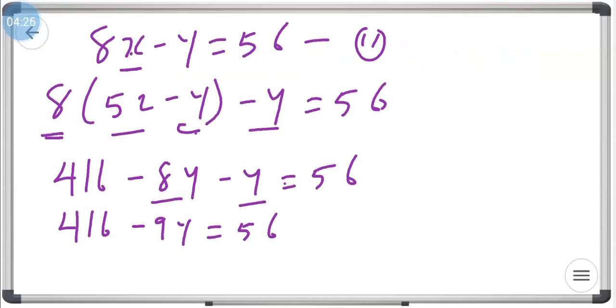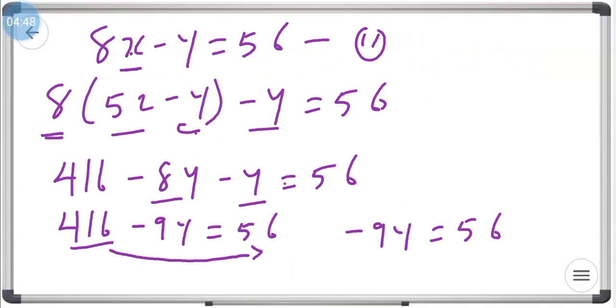Now we can collect the like terms. Let's take 416 to this side, so we'll be having minus 9y equals 56.